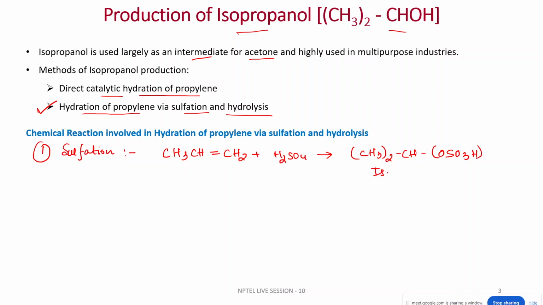Nothing but isopropyl acid sulfate. In the second step, hydrolysis occurs.